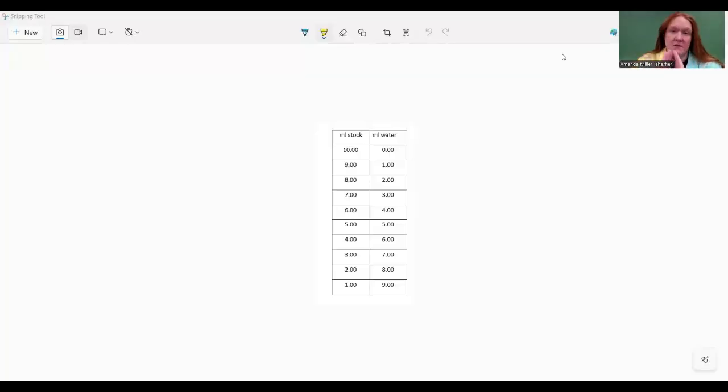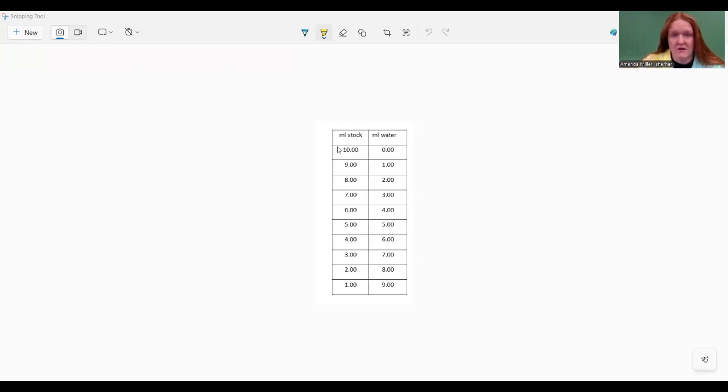Okay, so the last step is to use this information about how much stock is being added and how much water you're going to add to calculate the concentration C2 of each sample you're actually going to measure. So remember that V1 is the amount of stock. So the first 10 milliliter dilution here is not really a dilution, so there's nothing to calculate there.